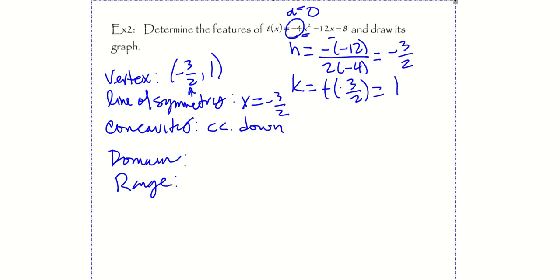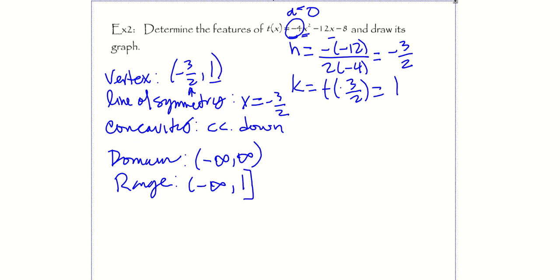My domain is not limited by anything, so I can use anything for x, and my domain would be -infinity to infinity. My range for a concave down parabola is going to be from -infinity up to the y-coordinate of my vertex, so up to 1.